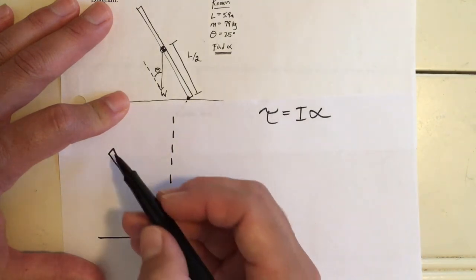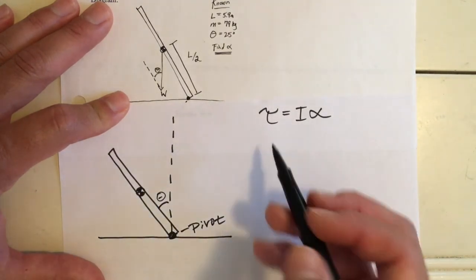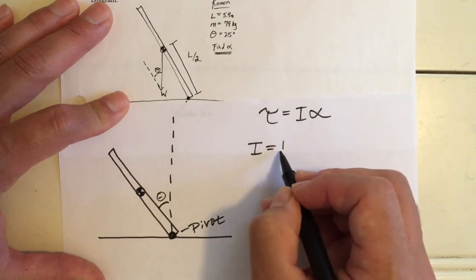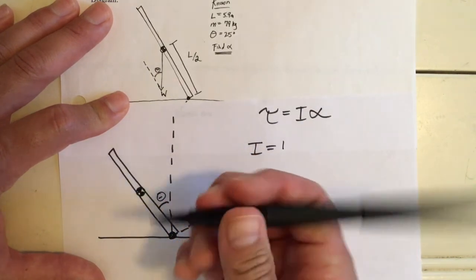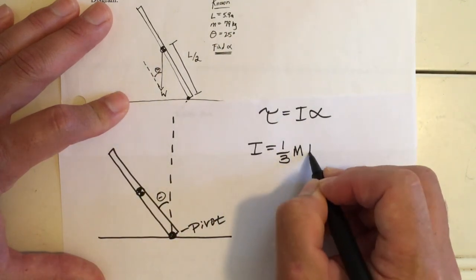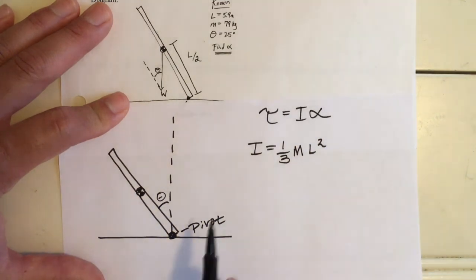For a symmetrical long object like this, I mentioned earlier that I is not 1/12, but that's actually greater when it's about its end, so it's 1/3 ml squared. We're going to have to use that formula here in a second.